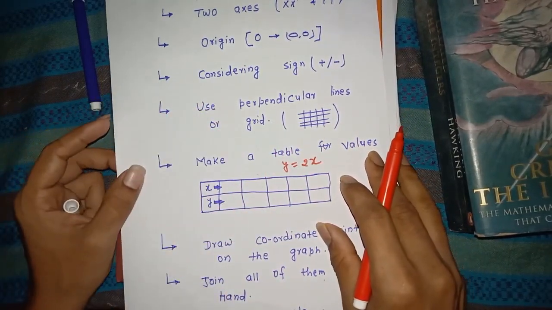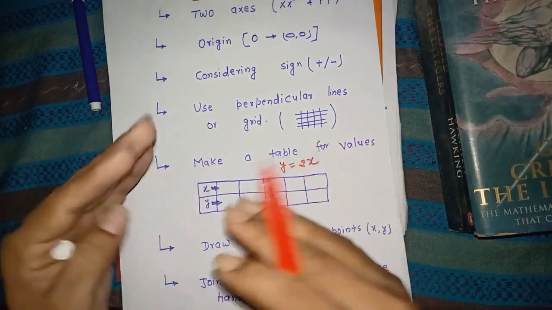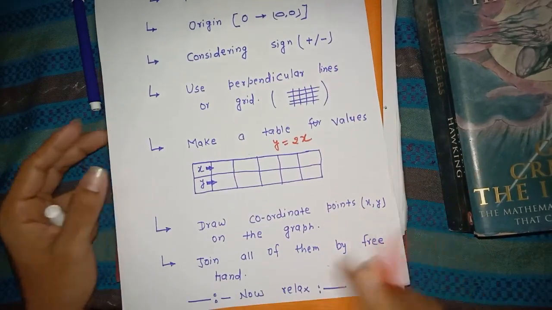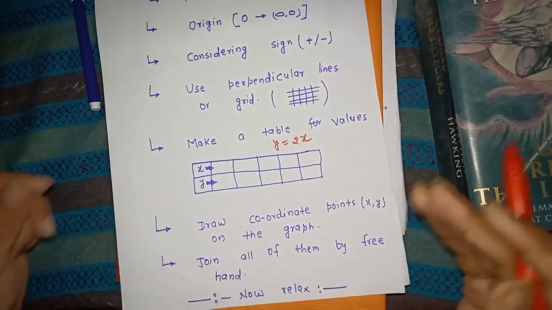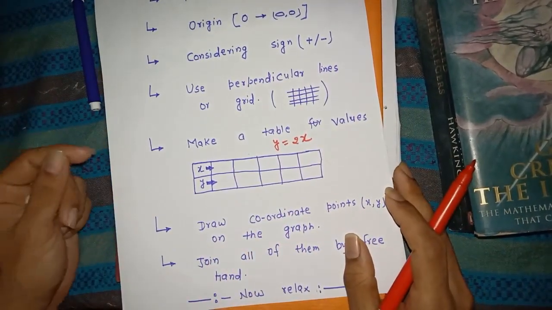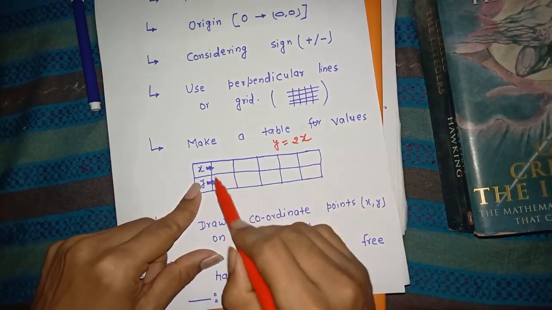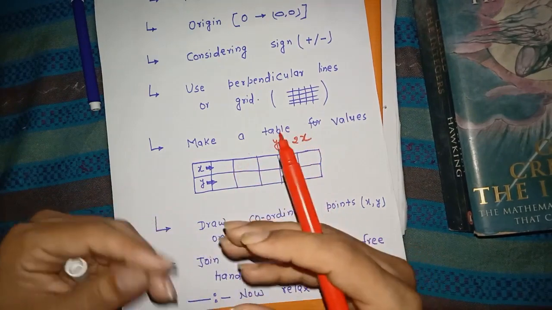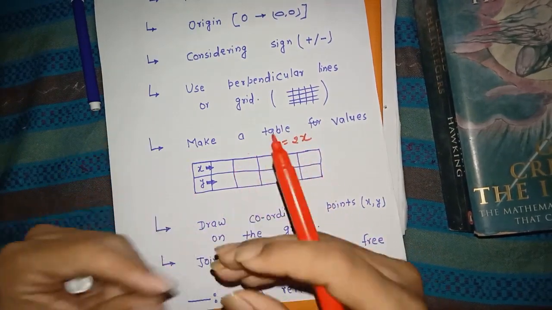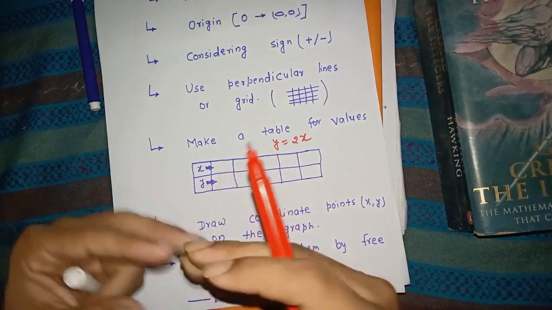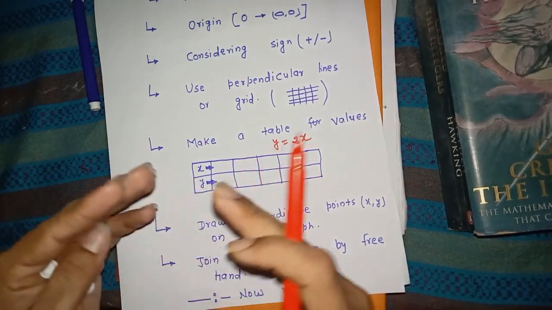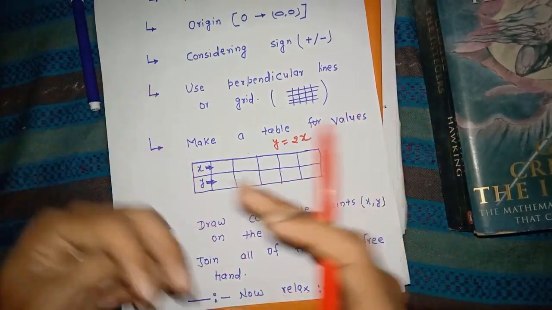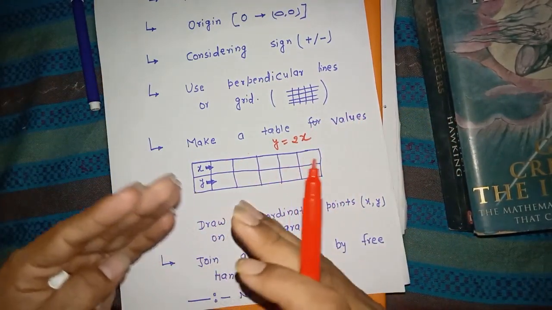Now the next point is to draw coordinate points x comma y on the graph. That means if you take some values of x and y, you are taking coordinates. Coordinate means you have to take x and then y, where x is the distance along the x-axis and y is the distance along the y-axis. Then the two lines meet at a single point, which is denoted as x comma y.